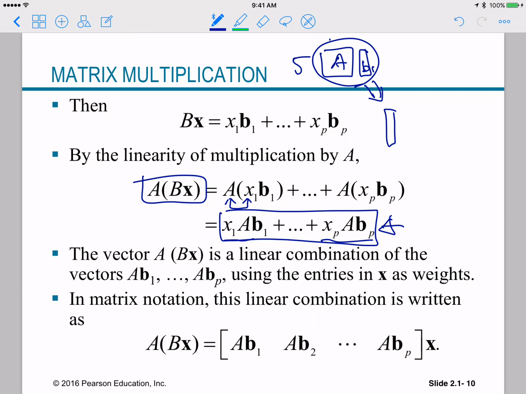For example, A was 5 by 3, and then B1 should be a 3-dimensional vector, so the resulting vector is 5 by 1. And then this vector is this part.